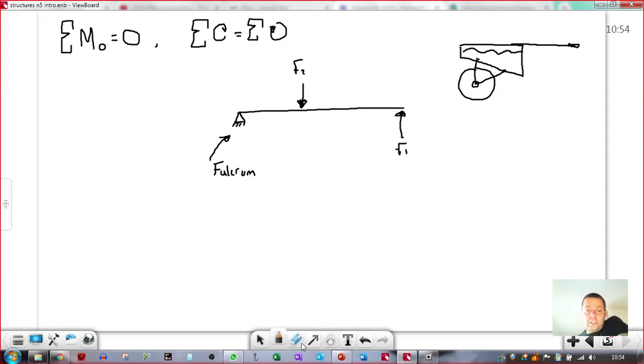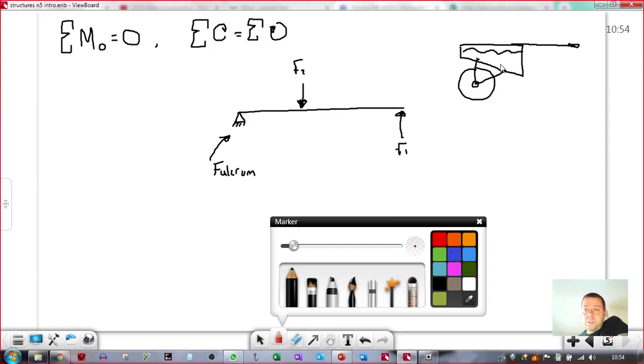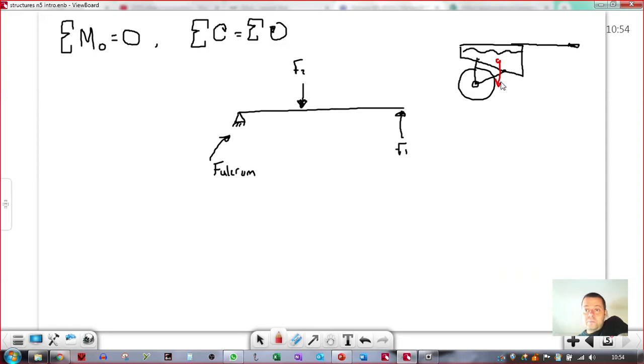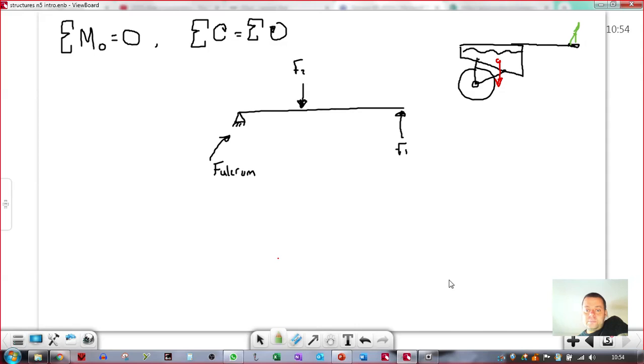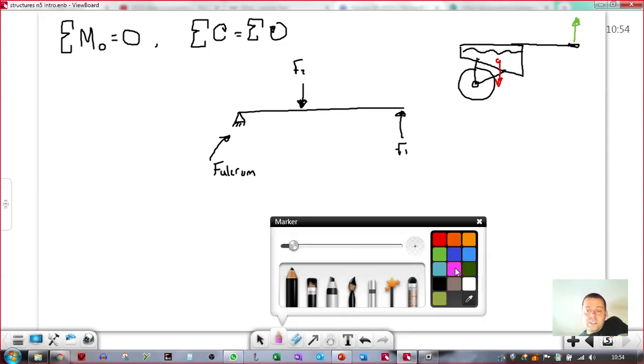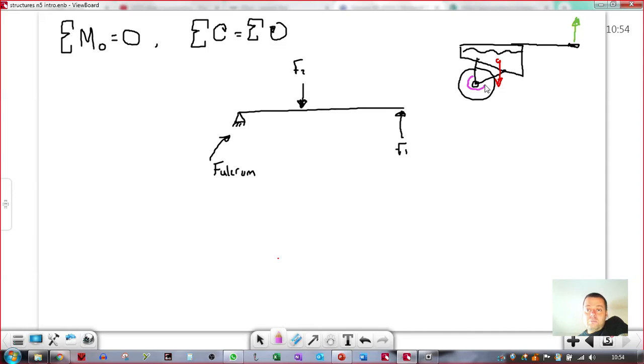So the debris inside the wheelbarrow is acting down, and you provide a force up, and the whole system rotates around that little point of rotation in there. So it's like a wheelbarrow, it's a lever. That one's pushing down and you're lifting it.